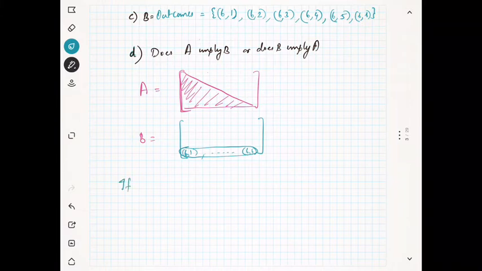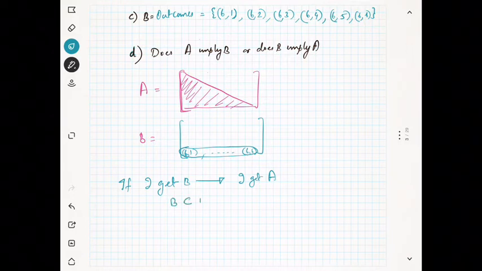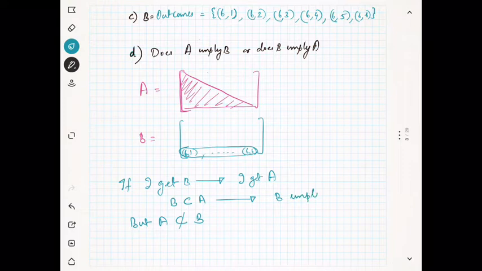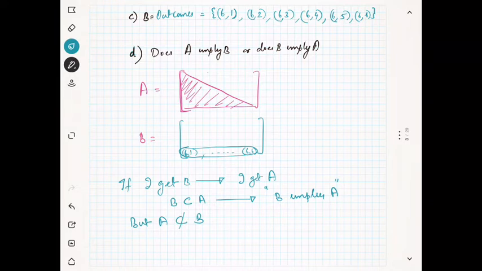If I get B, then I can say that I get A. That means B is a subset of A, but A is not a subset of B. So we can say that B implies A. That means if I get B, then it will be coming from set A also. It is also belonging to set A. That is the meaning.